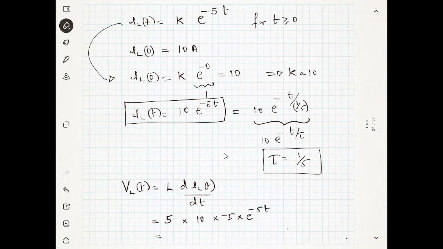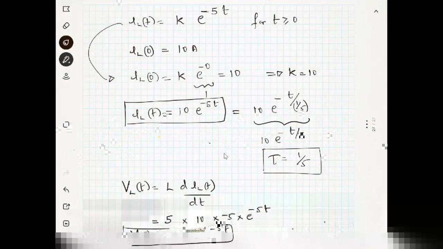You will get 5 into 10 is 50, and 50 times minus 5 is minus 250, so minus 250 into e power minus 5t. So this is the voltage across the inductor. You can see again the polarity.